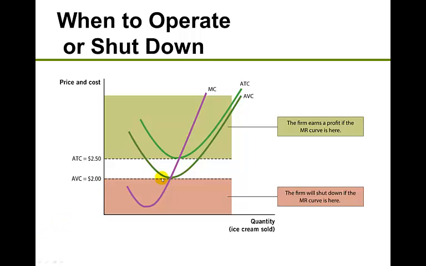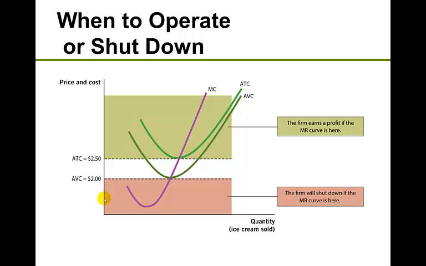Now what about this area down here? Notice that $2 is the minimum possible point on my average variable cost curve. So what happens if the market price is below $2? Well, that indicates that at that price, I'm already eating my fixed costs. I can't do anything about my fixed costs. I have to spend that money no matter what. But I can't even make enough money to meet my variable costs.